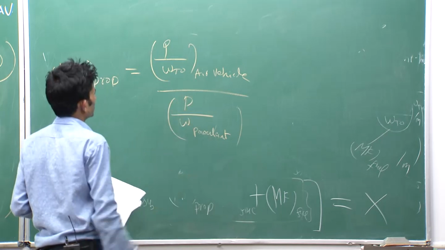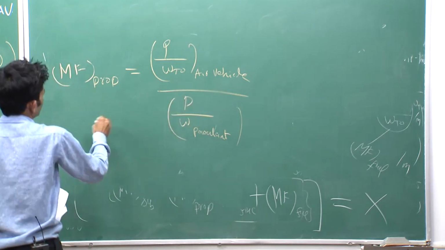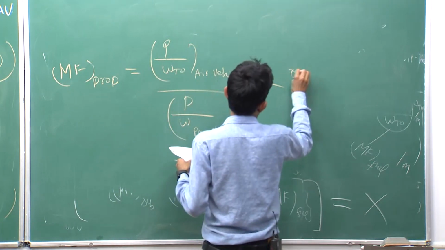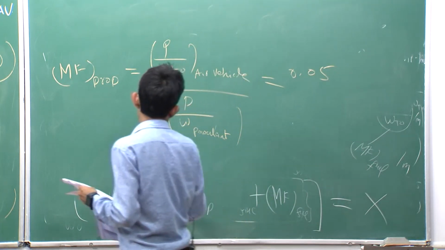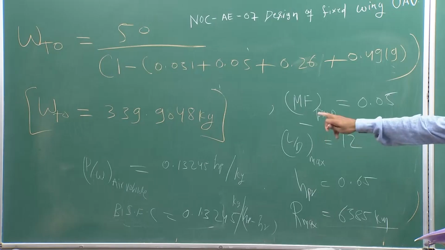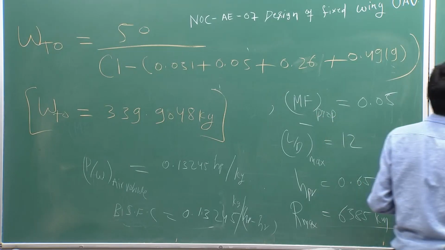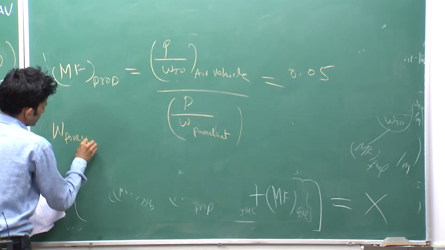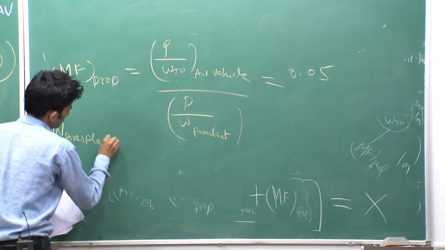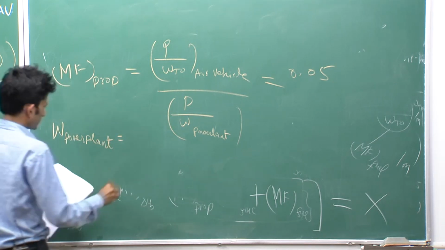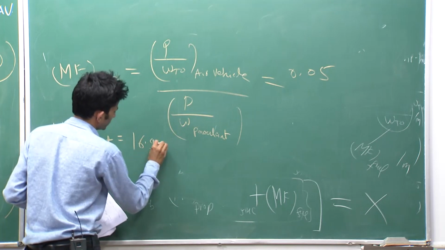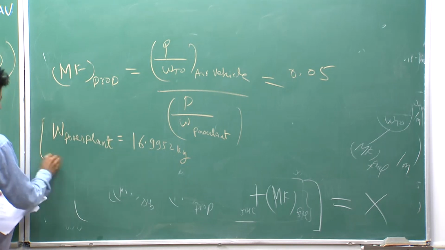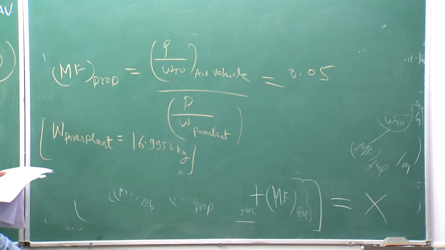So this P will get cancelled, W takeoff you already know, mass fraction you already know, which is 0.05. If you put W takeoff as 339.9048, you will get W power plant equal to 16.9952 kg. This will be the answer of your 8th question.